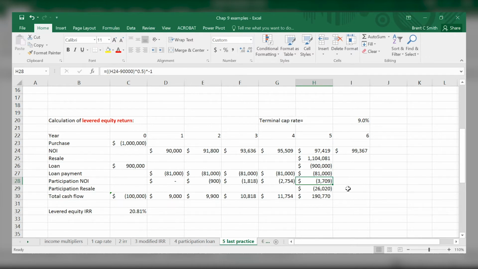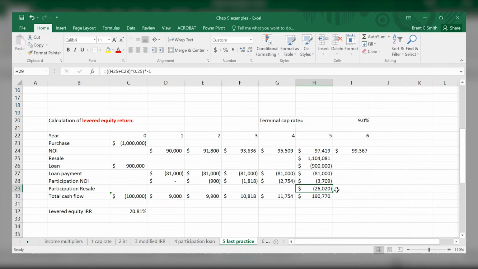Additionally, they need their cut on the increase in value over the original cost of construction. The original cost of construction was $1 million. The anticipated sale price is 1.1. They get 25% of the increase, or 25% of the 104,081, for a total of 26,020.